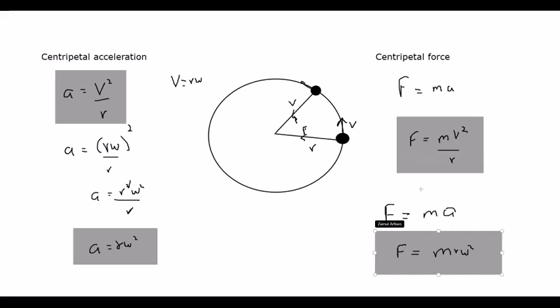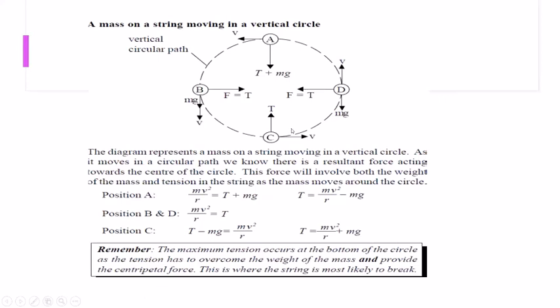So if an object is moving in a circular path or a circular track, the force is always toward the center. For example, if you have an object moving in a vertical circle, what will be the centripetal force?